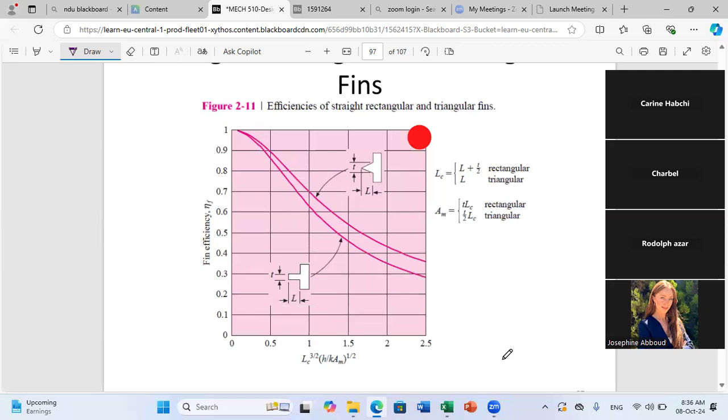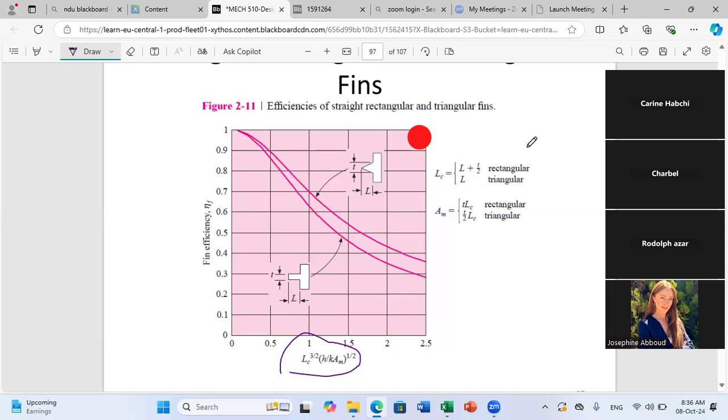In these graphs, all you need to get the fin efficiency is to know the following parameter, the characteristic length. And as we said, because the efficiency is determined according to a tip insulation, to be able to use this graph even for the case where we don't have insulation at the tip, we use the corrected length.